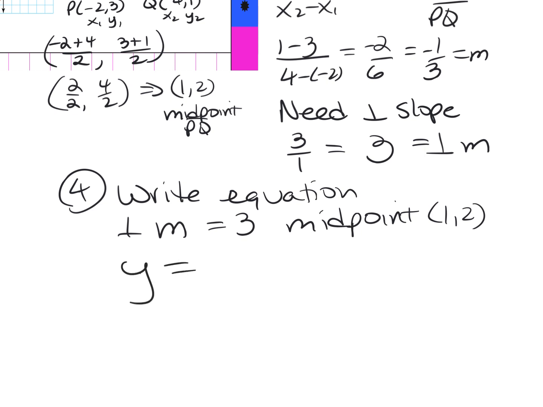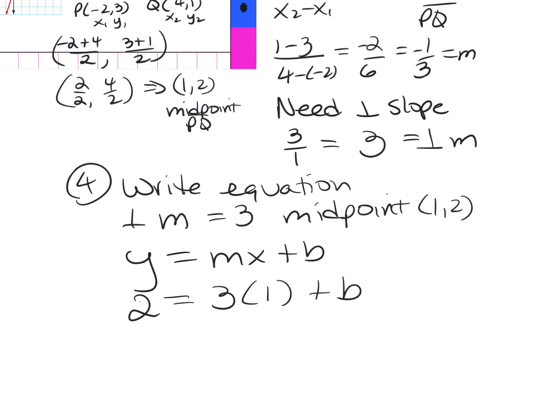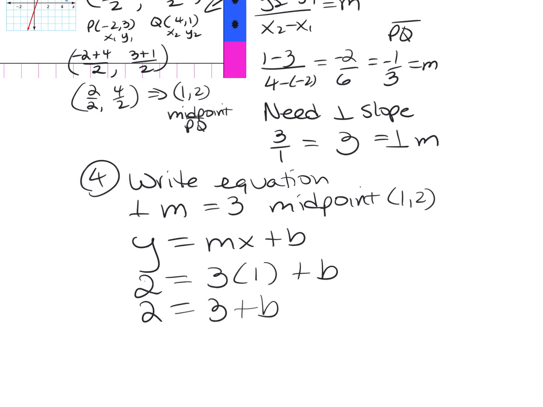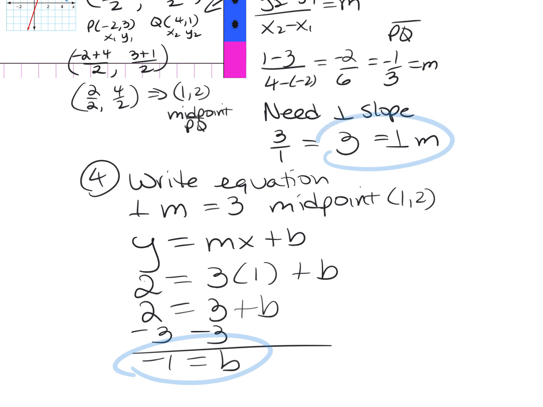I'm plugging in 2 for the y, 3 for the m, 1 for the x, and I'm solving for the b. So 2 equals 3 plus b, subtract the 3, and the b of my perpendicular equation, or my y-intercept, is negative 1. So now I take the negative 1 and the perpendicular slope and plug it back in. So my final answer, y equals 3x minus 1.